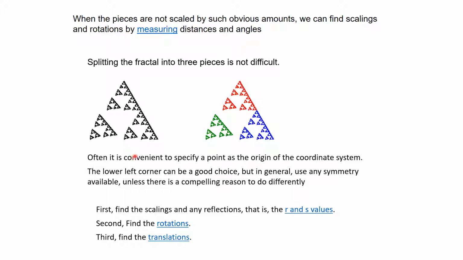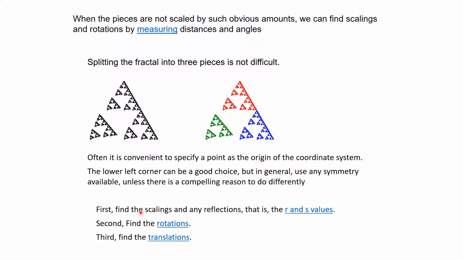So it is convenient to specify the origin of the coordinate system. We can take the lower left corner as the origin of the coordinate system. But in general, you can use any symmetry available. You can use the origin here also. It doesn't really matter. The rules will be changed accordingly.